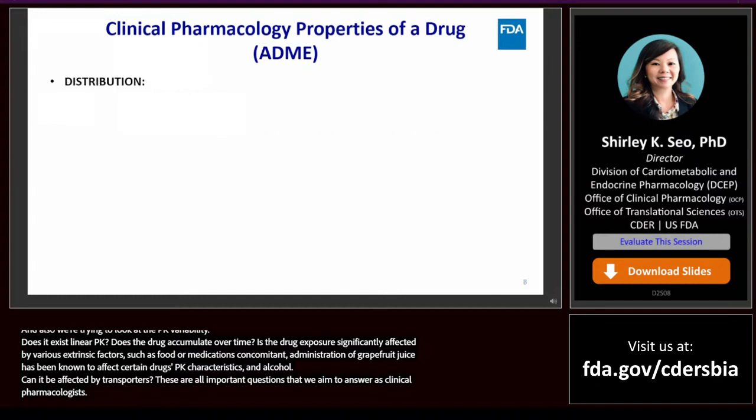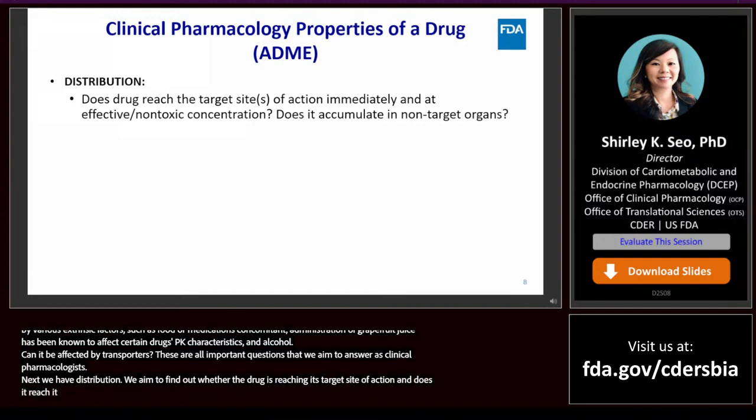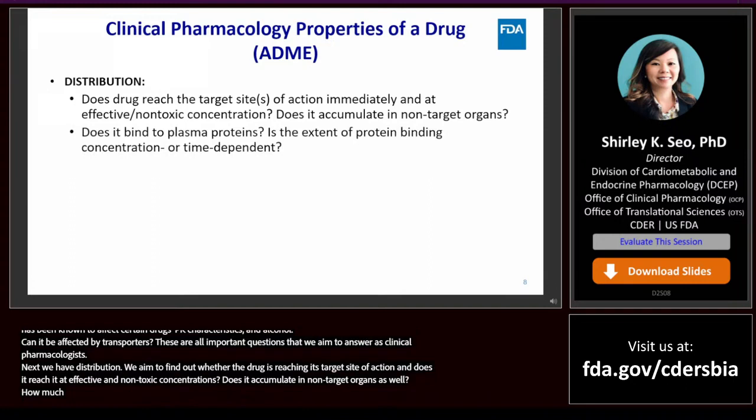Next, we have distribution. We aim to find out whether the drug is reaching its target site of action, and does it reach it at effective and non-toxic concentrations? Does it accumulate in non-toxic or non-target organs as well? How much does it bind to plasma proteins? What is the extent of protein binding?